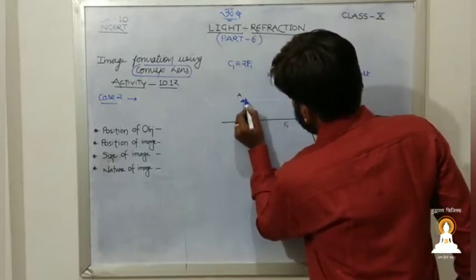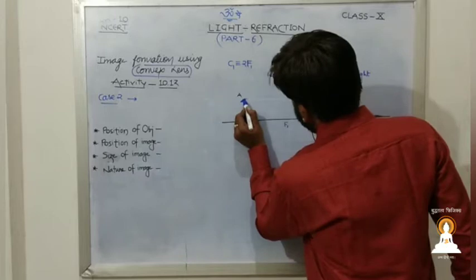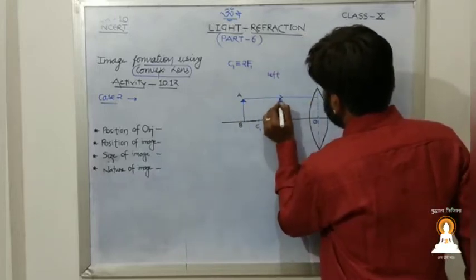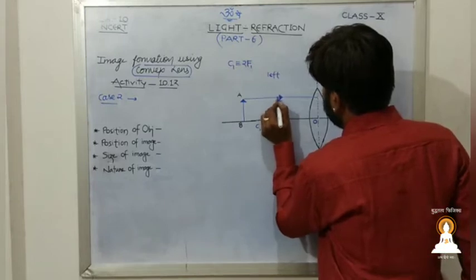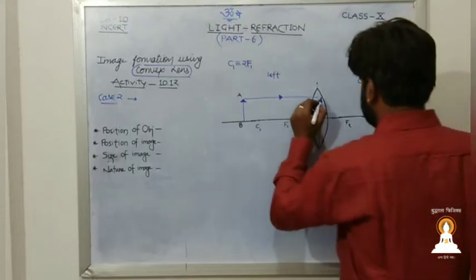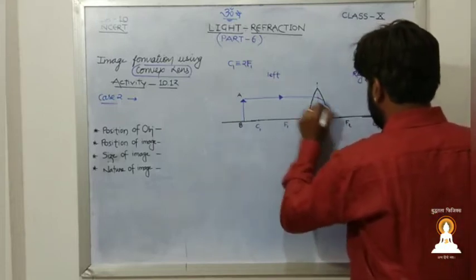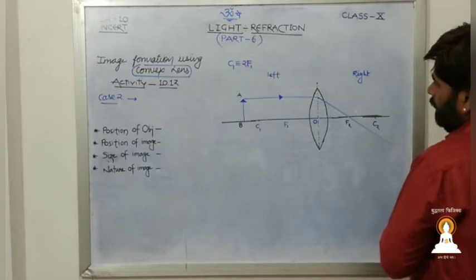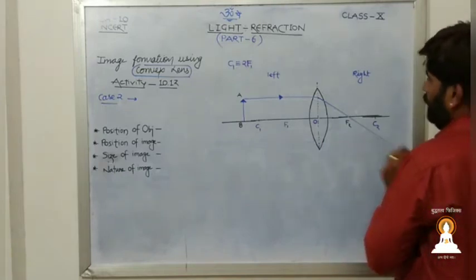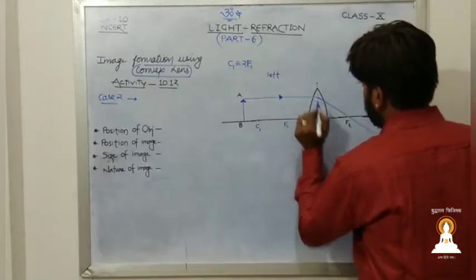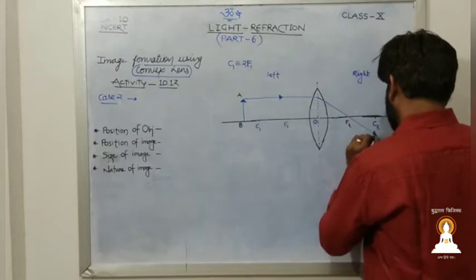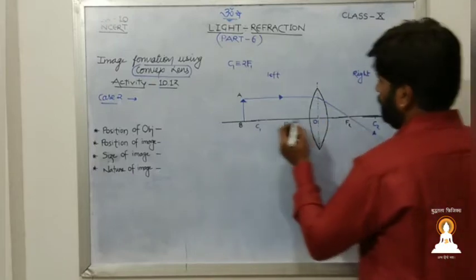Rule number 1 says, listen carefully: when a light ray parallel to the principal axis is incident over the lens, this ray started from A, so just after refraction it will pass through the focus.